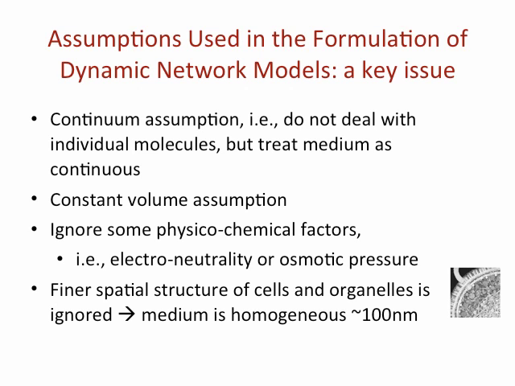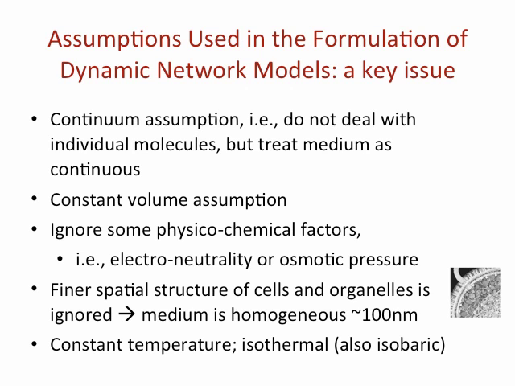We will not deal with those factors in this class, but these are often important and one needs to keep them in mind. The finer structure of cells is typically ignored, and this relates to the first assumption outlined on this slide. And we typically treat systems as being isothermal, and of course this normally refers to the human body at 37 degrees or the temperature controlled environment in a fermenter or in a bioprocess.